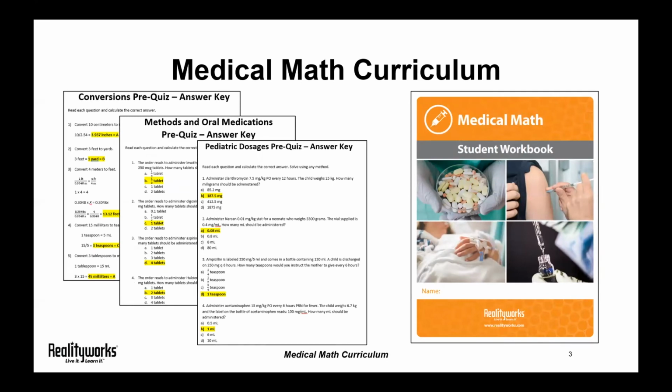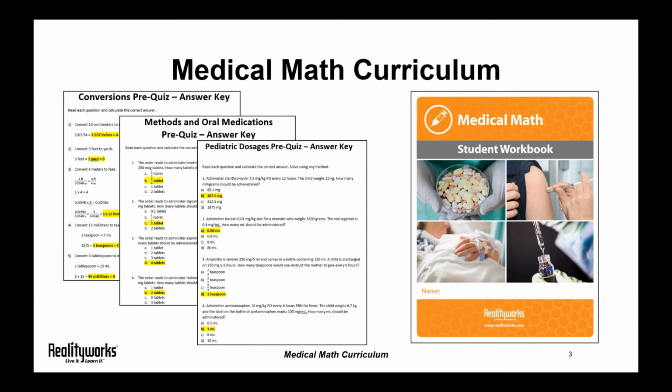The curriculum related specifically to the Medical Math Training Kit follows the same pattern of focus, learn, and review. There are 7 different lessons that cover topics like fractions and decimals, metric measurements and conversions, as well as various types of dosage calculations for both adult and pediatric populations.